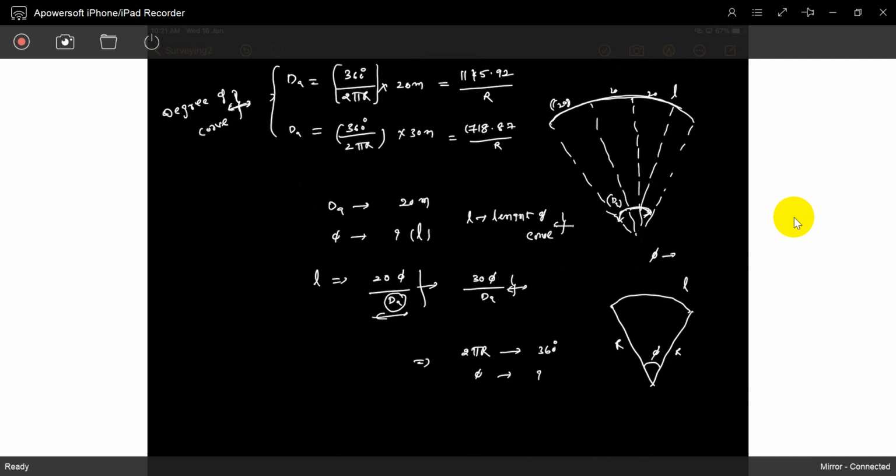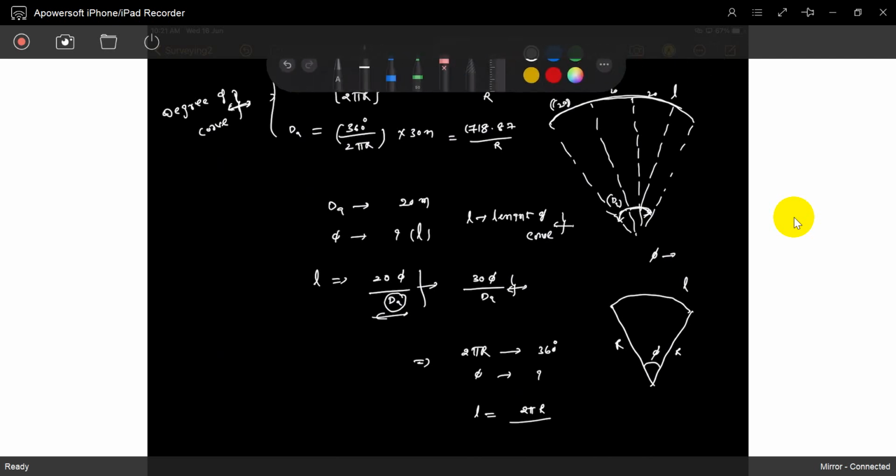So the length is 2 pi R divided by 360 multiplied by phi. You can write it directly, but these are the basic terms used in the setting of the curve.